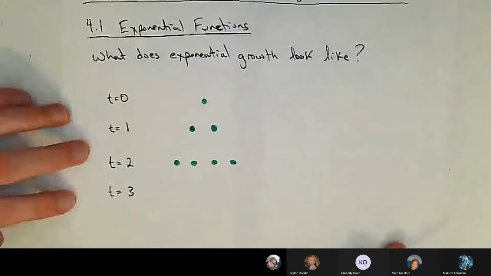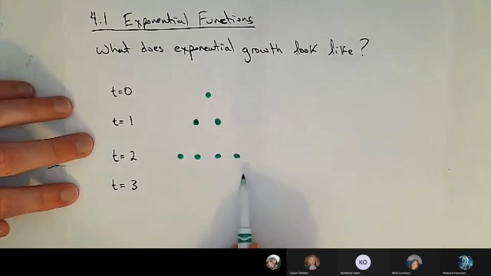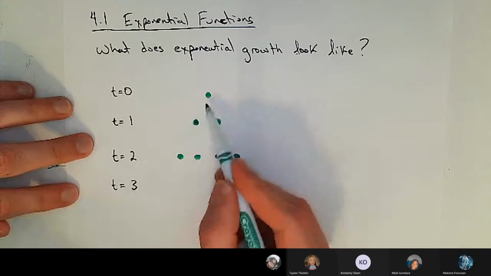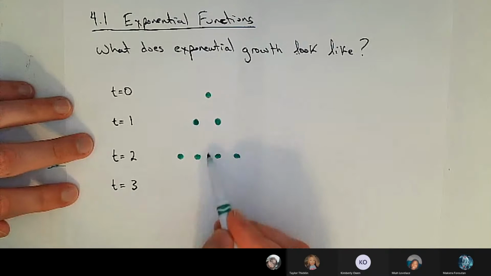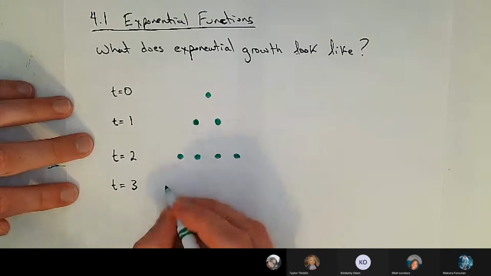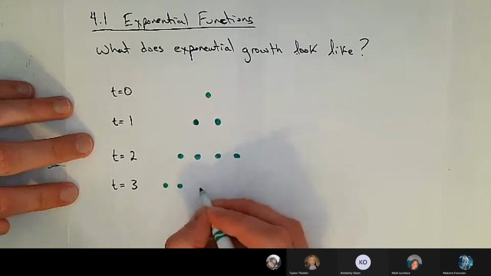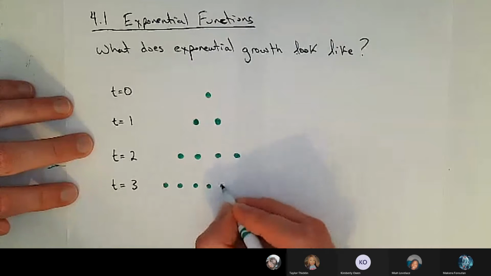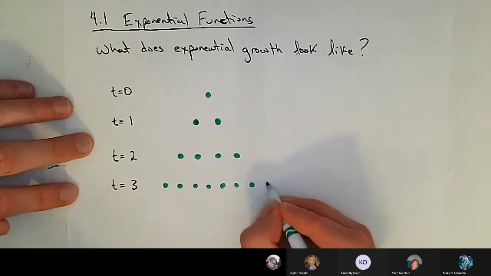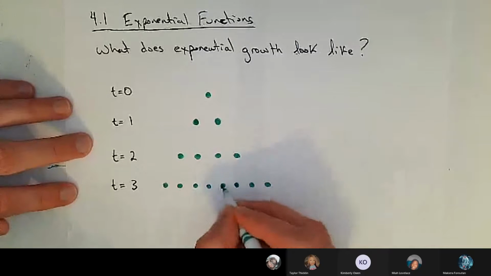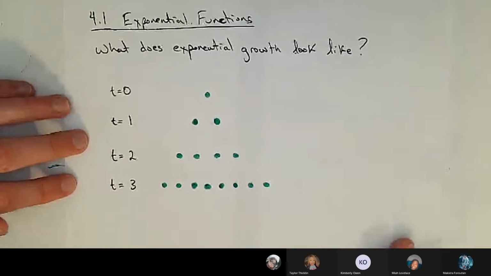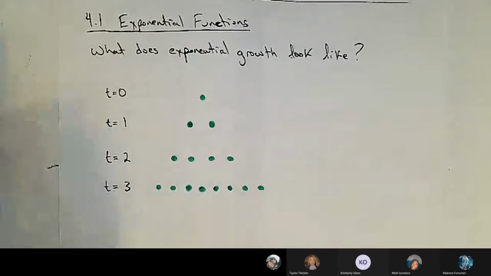So after 3 hours, we come back, and each one of these has now split. So the first one split into 2, then the 2 split each into 2, so now there's 4, and now each of these is going to split into 2. And now there's 8. 8 little green dots.